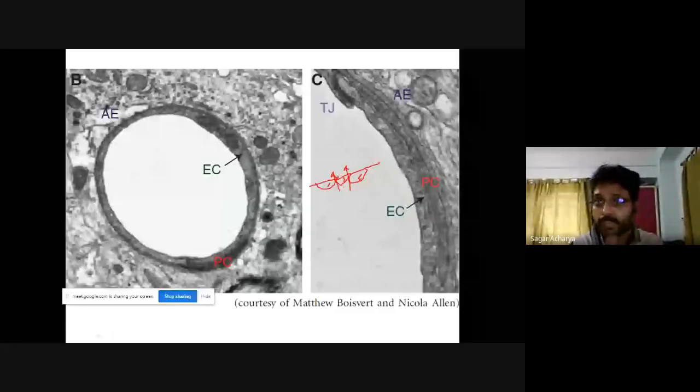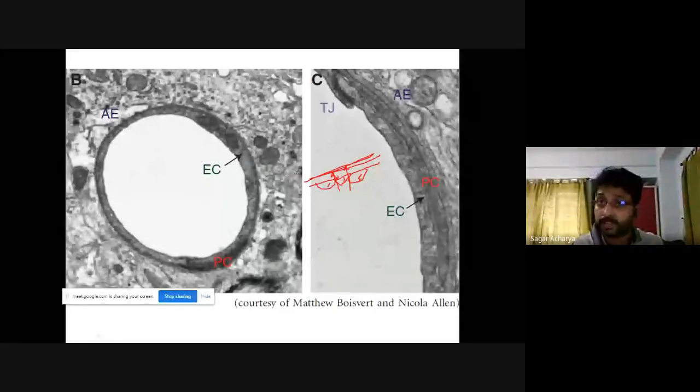These continuous non-fenestrated capillaries are found in the skin, lungs, and other areas that have very good tight junctions among them. Importantly, these non-fenestrated continuous capillaries have a basement membrane all along them.